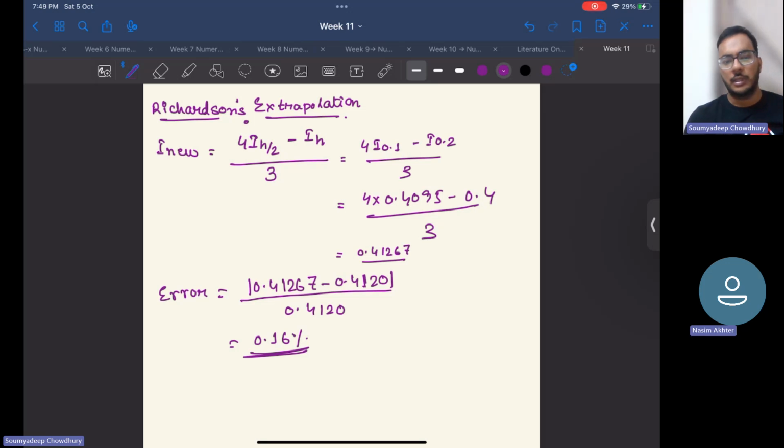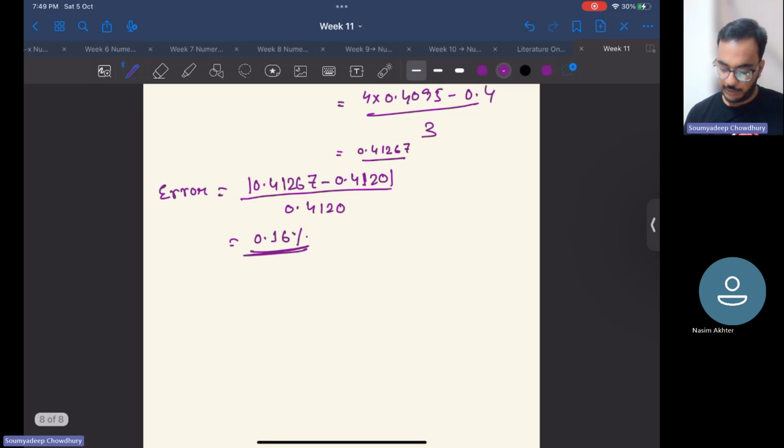You are saying it is for numerical integration, right? Yeah, I discussed it in numerical integration, but this is also applicable in case of differential equations. You can find out using Euler's method, and that value of the function you can substitute here and find a better approximation. Okay.